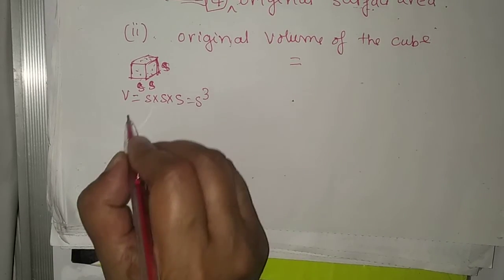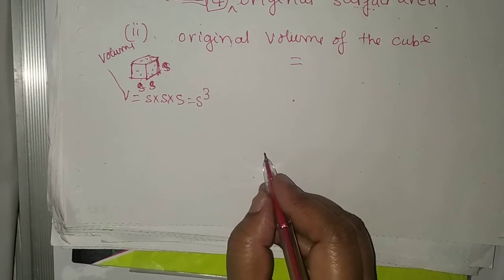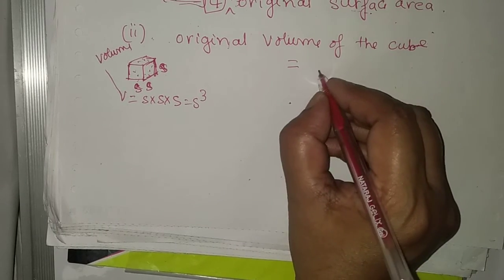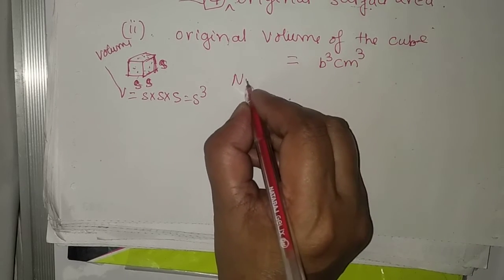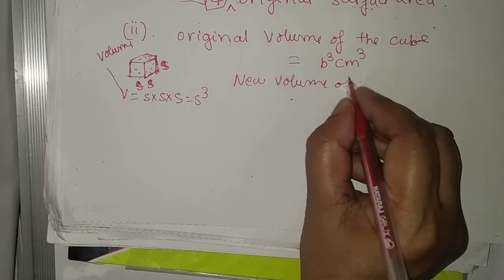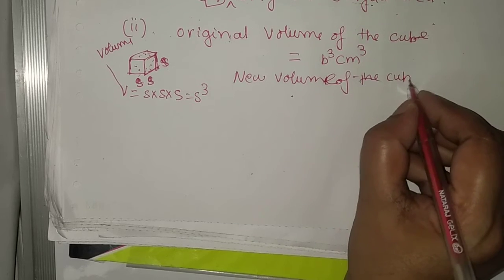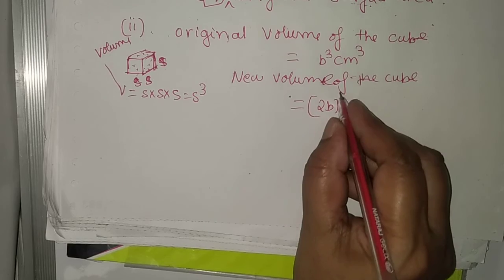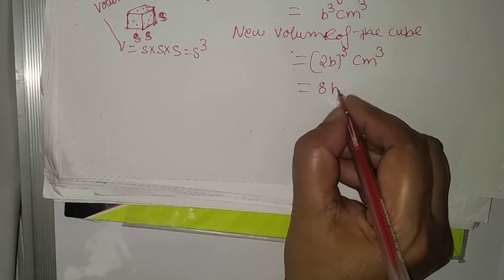Volume finished. Next, after this, original volume of the cube will be b cube centimeter cube. So now we have to find out the new volume of the cube. The formula is 2 into b the whole cube centimeter cube, which is equal to 8b cube.